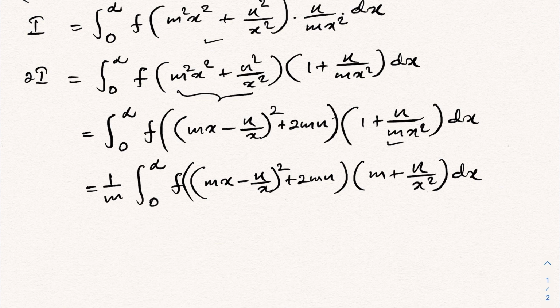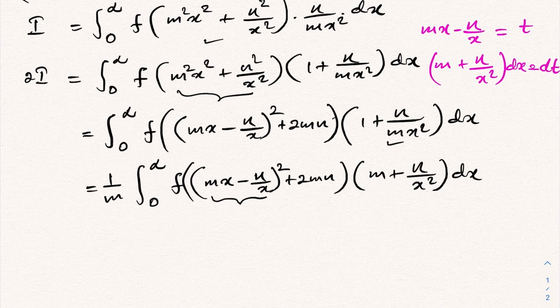Okay, then again I'm going to take a substitution. Here we have mx minus n over x, so I'm going to take mx minus n over x is equal to t. Then if we differentiate, (m plus n over x square) dx is equal to dt. So we can plug in. Also we should change the boundary. So here 1 over m.